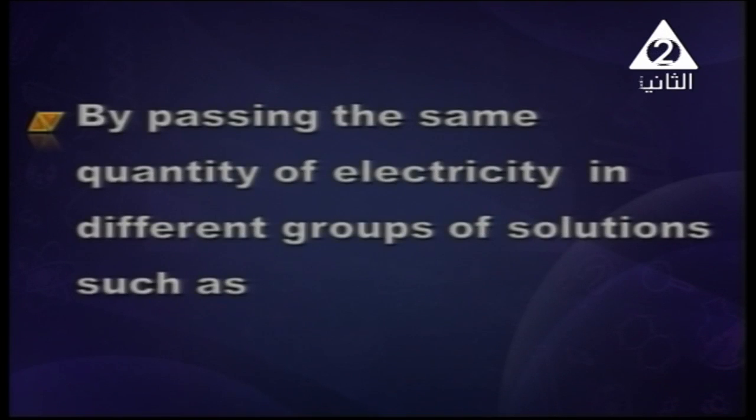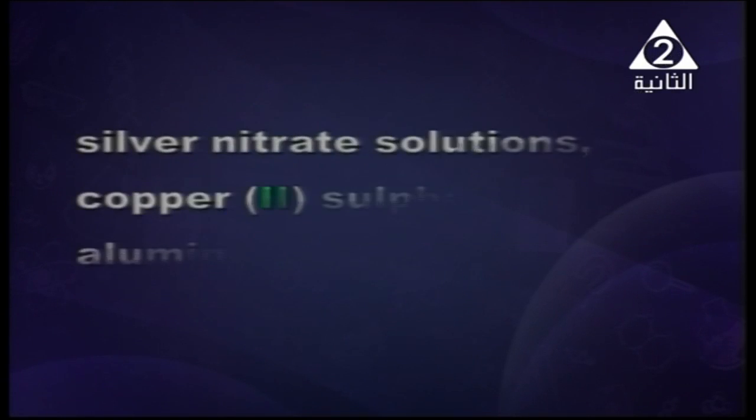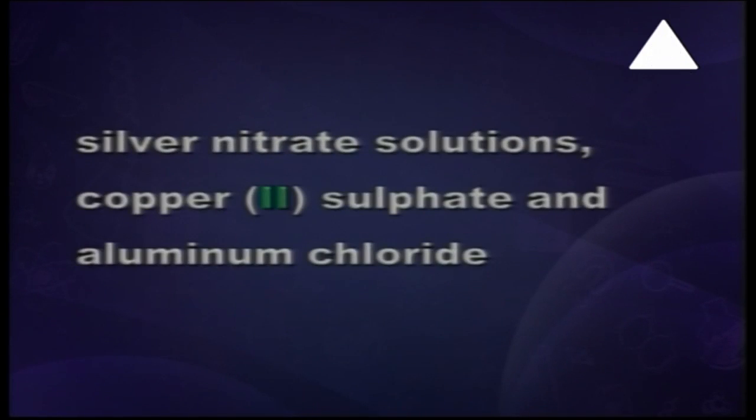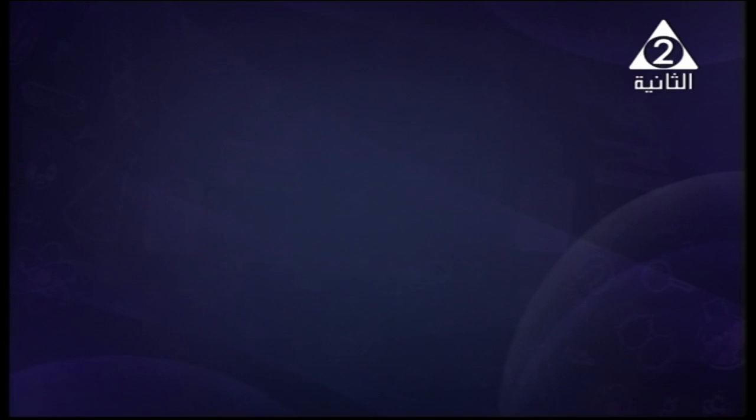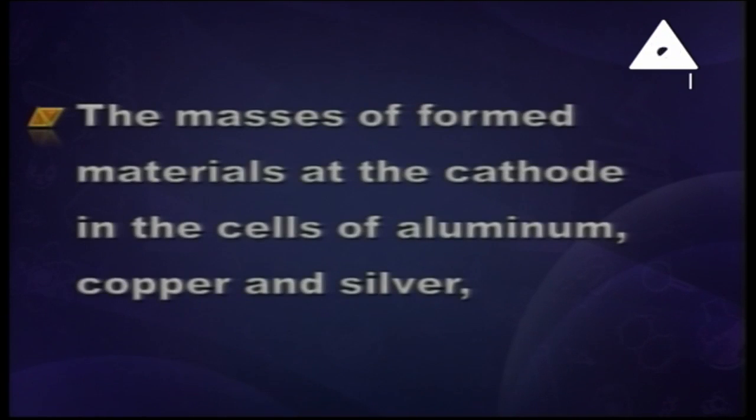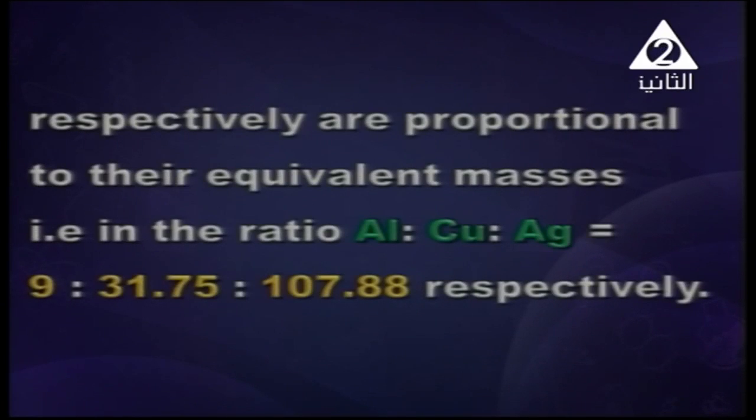By passing the same quantity of electricity in different groups of solutions to verify Faraday's second law, silver nitrate solution, copper 2 sulfate and aluminum chloride, as you see in the video, the masses of material formed at the cathode in the cells of aluminum, copper and silver respectively are proportional to their equivalent masses.